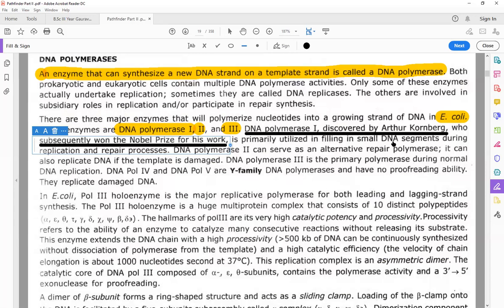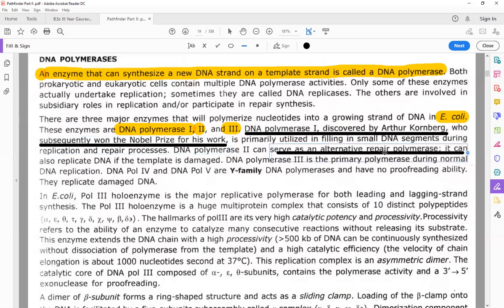When the DNA gets damaged, gaps are produced, and those gaps are filled with the help of DNA polymerase 1, also called Kornberg polymerase.